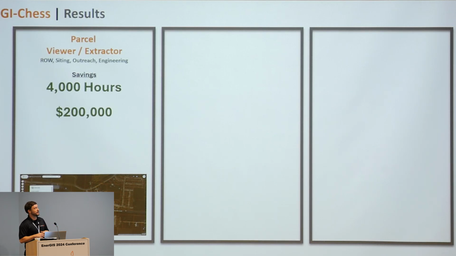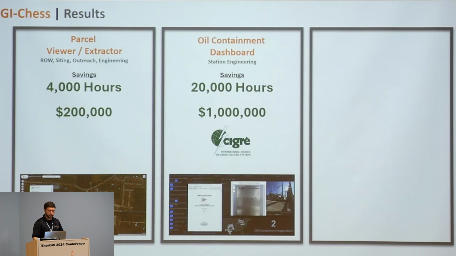The problem was they had it as an image. So unless you were just trying to look at it, you couldn't do a lot with it. So all we did was turn on the feature services for it, created an app around it, and created a nice simple thing for them to go in and extract that data. We found from the return on investment that saved them 4,000 hours on average per year, and we times that by $50 an hour, so we figured about $200,000 in soft savings.